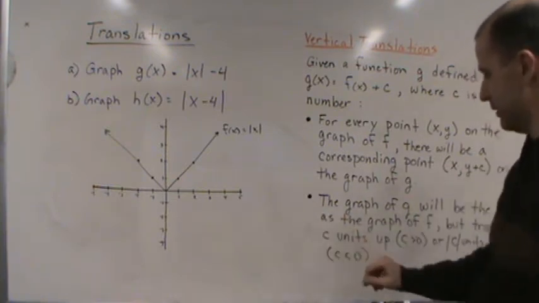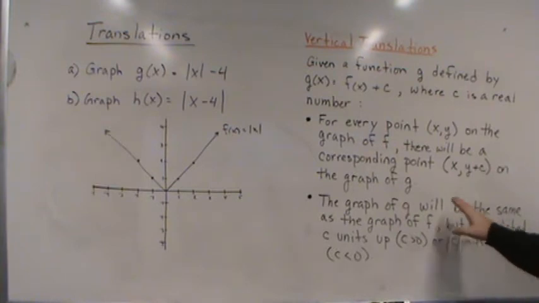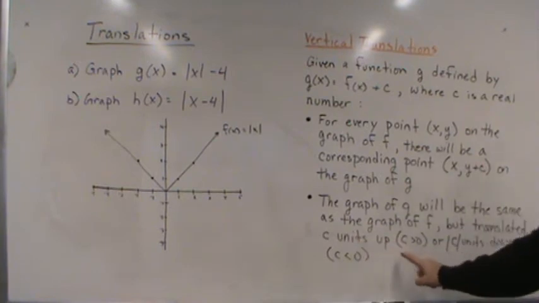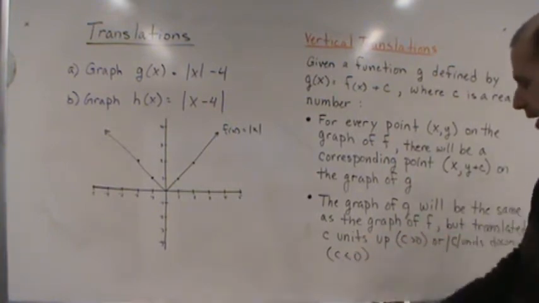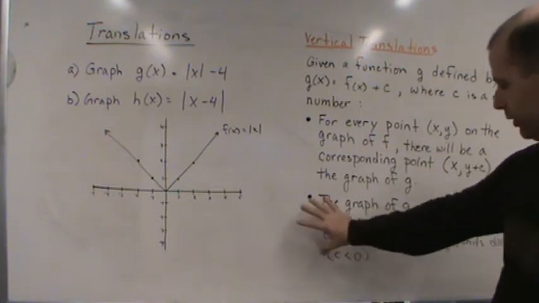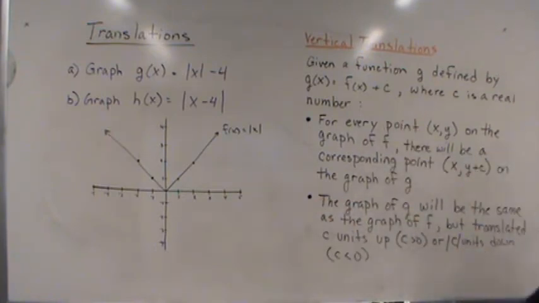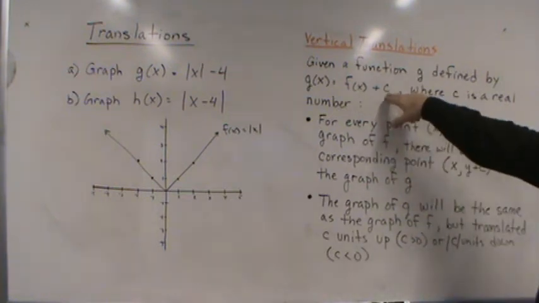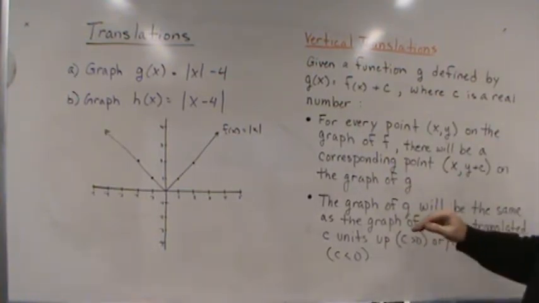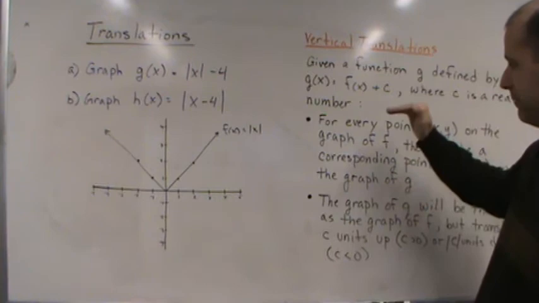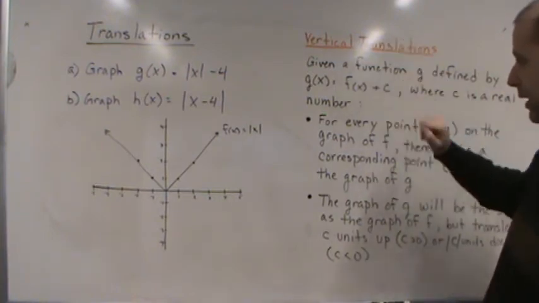Now the second thing it says here is the graph of g will be the same as the graph of f, but translated c units up if c is positive, or translated c units down if c is negative. So this bullet point follows from the first: if I add a positive value to a function, that's the same as translating that function up c units.